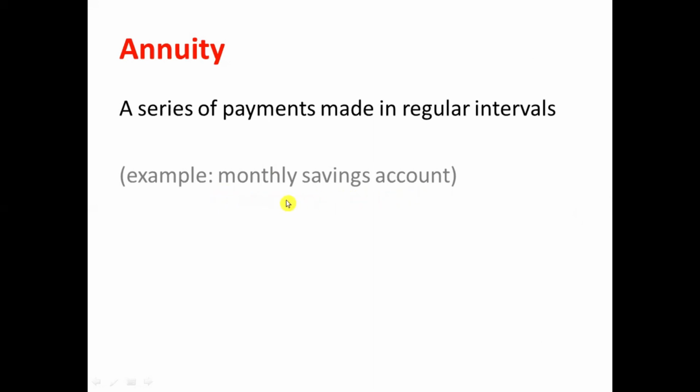If you don't know how monthly savings accounts work, basically, you deposit money in your savings account at an interval, which is monthly in our case, and then your money grows based on an interest rate. So, the regular intervals here are monthly, and the series of payments is your monthly deposits. This is an example of an annuity.